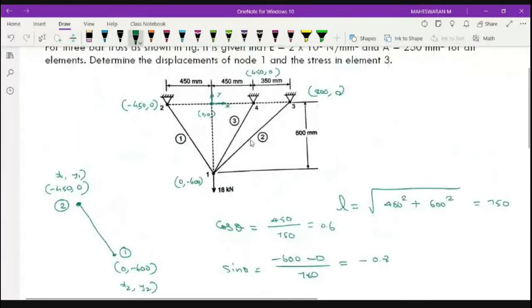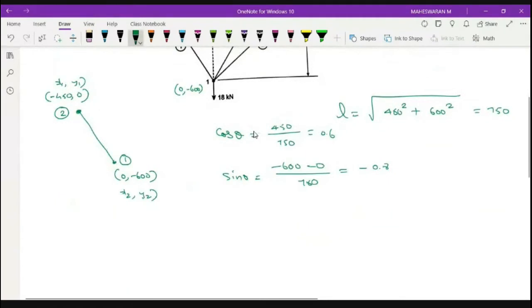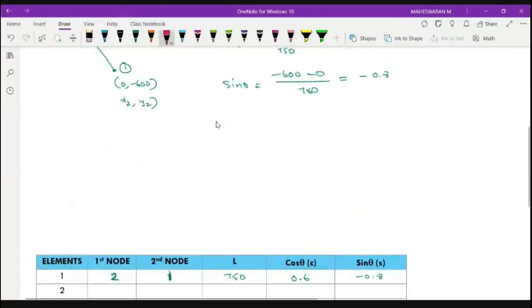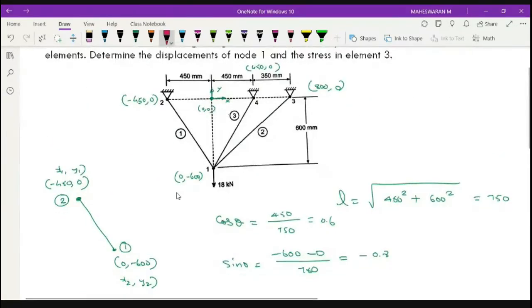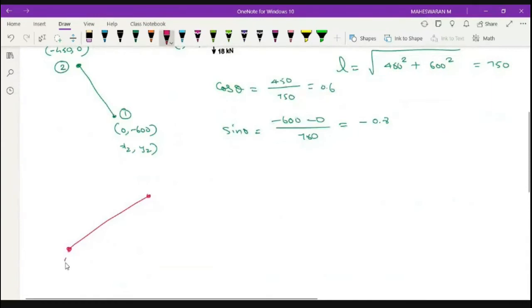The next one is your element 2. Element 2 is something like this, which is connecting nodal point 1 and 3. This is my element 2.